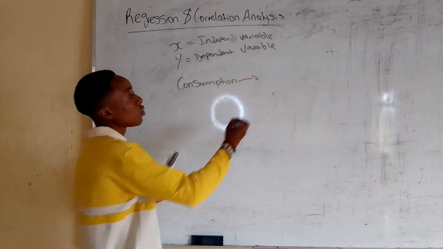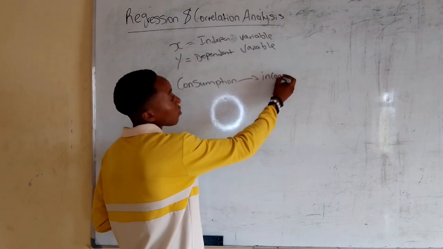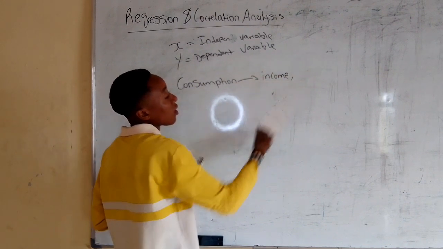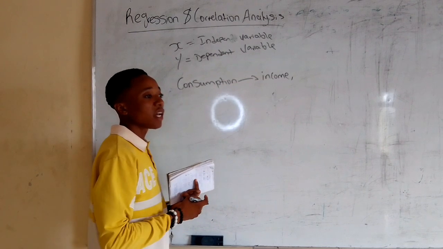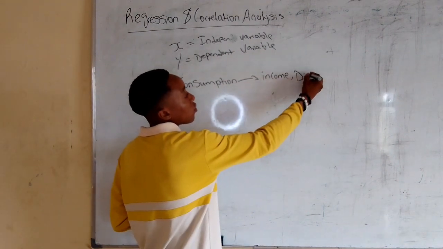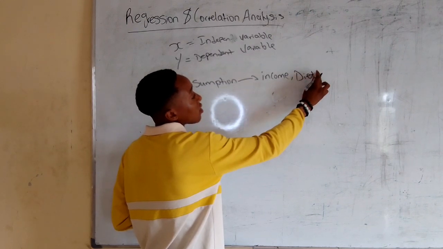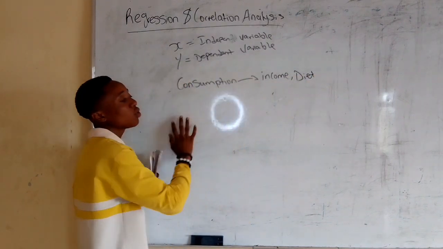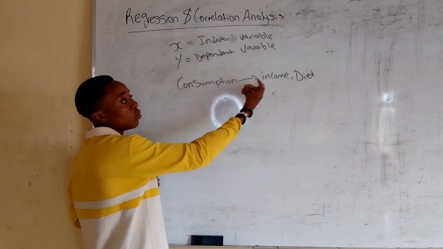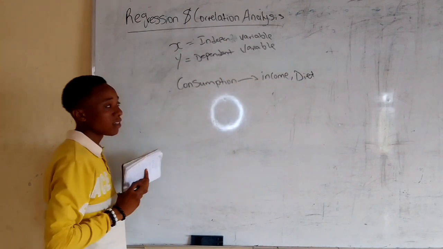First of all, you should consider your income. Then you can also consider if you're on a diet. Some people are watching their weight, so they consider their diet. So before you consume, you will determine your income and you can also determine your diet.